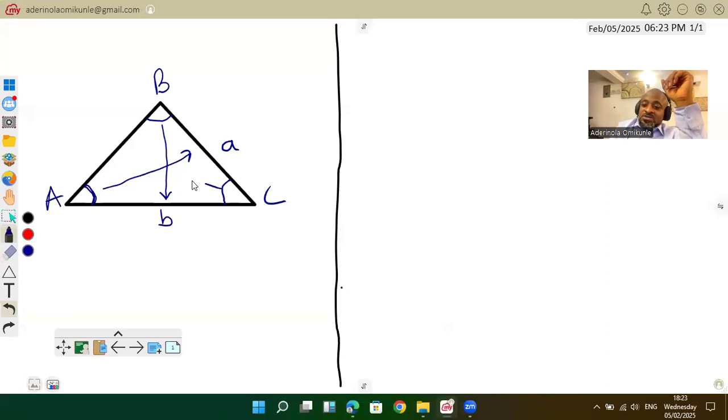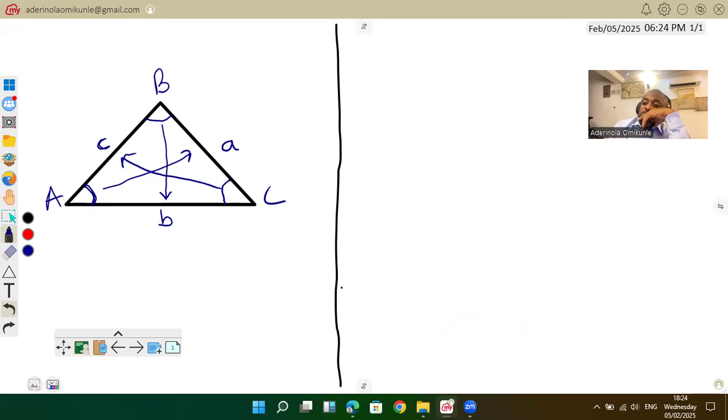And if this is angle C, the side opposite is a small letter c. So this is how we describe a triangle, no matter the triangle you're dealing with. This is a very important background because when we get into sine and cosine rule, you must know the side that belongs to a particular angle and the angle that belongs to a particular side for ease of understanding. Okay, so let's get into it quickly.